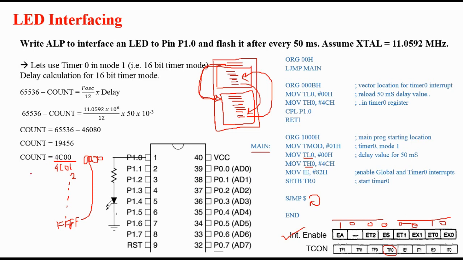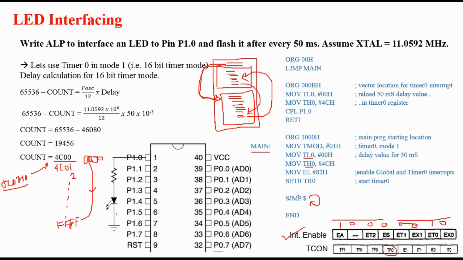The value in the registers TL0 and TH0 is getting incremented, so after some time the value inside will reach FFFF and it will overflow. When it overflows, the interrupt will get generated.